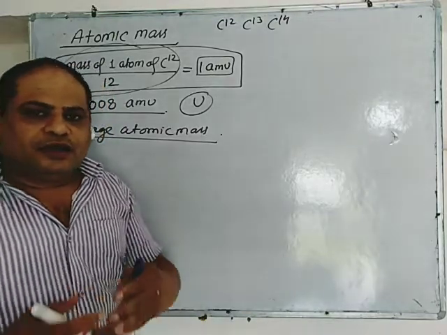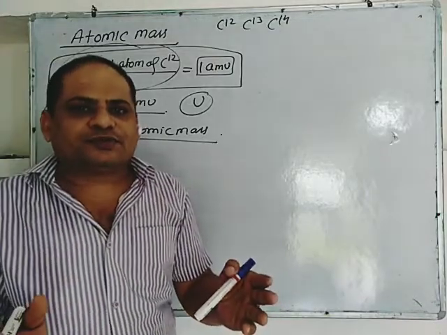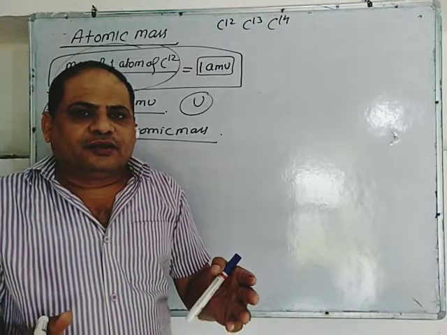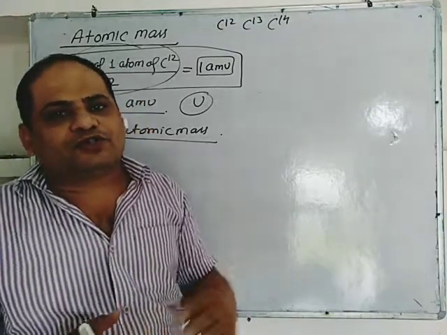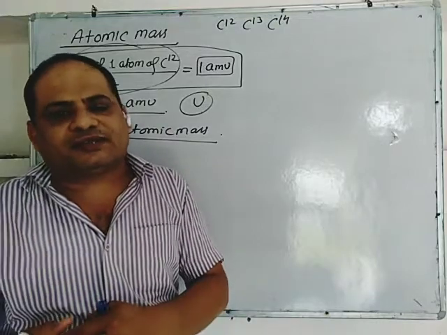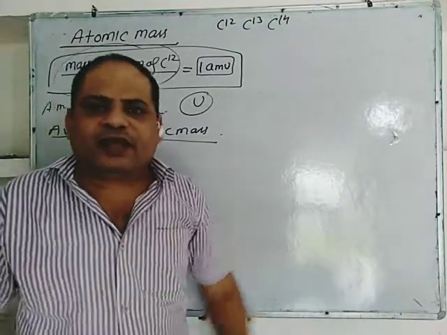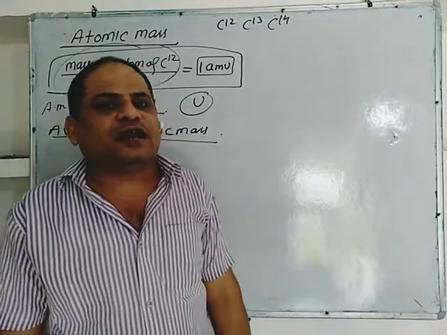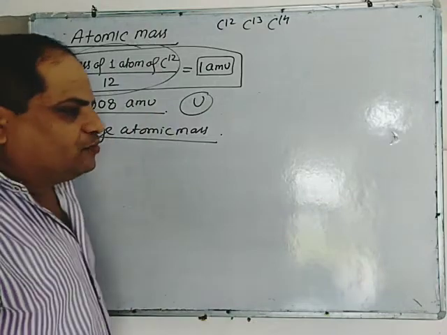If an element exists in many isotopes, then the average of atomic mass of all those isotopes is taken as average atomic mass. How is average atomic mass calculated?